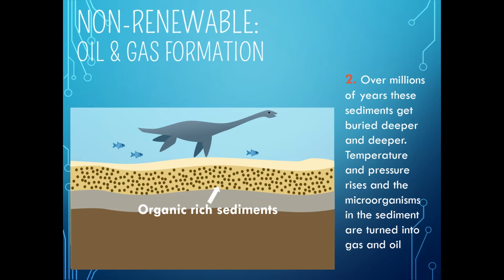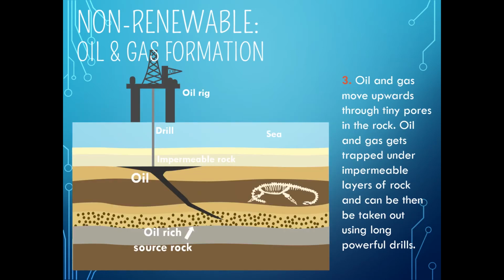The temperature and pressure rises, and the microorganisms in the sediment are turned into gas and oil. Then, oil and gas move upwards through tiny pores in the rock. Oil and gas get trapped under impermeable layers of rock and can then be taken out using long powerful drills.